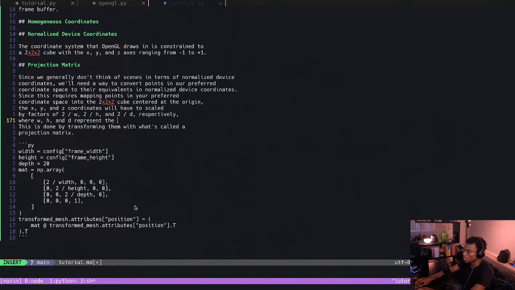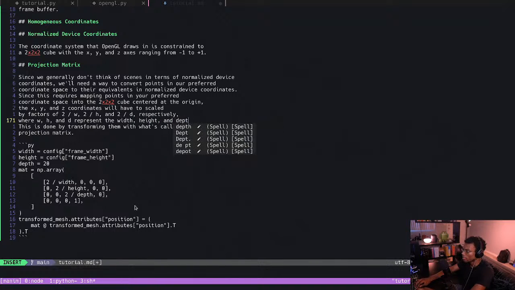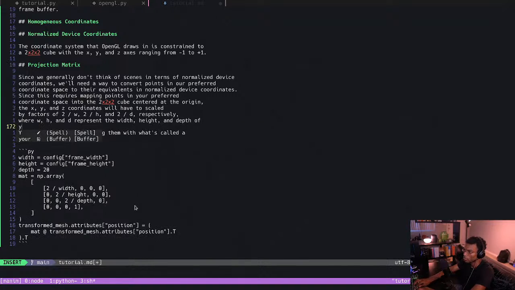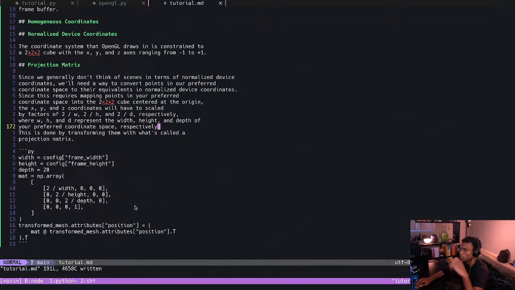They represent the width, height, and depth of your preferred coordinate space, respectively. What I should do is, instead of saying your preferred, I guess I only said it twice. I should say world space.